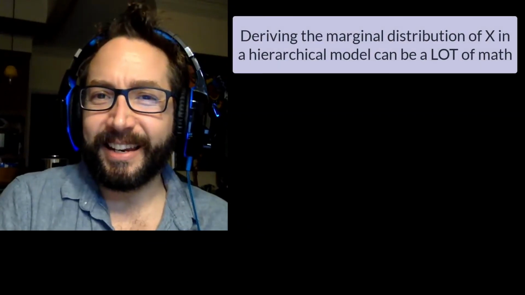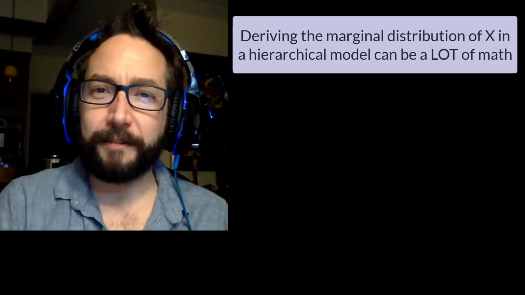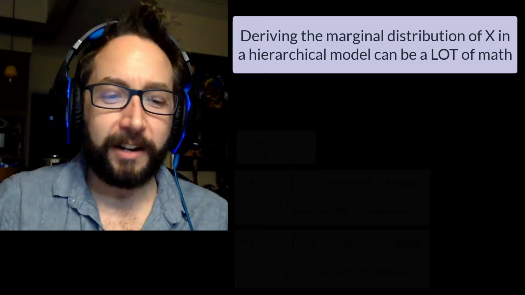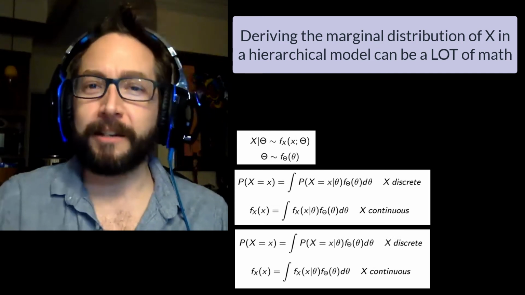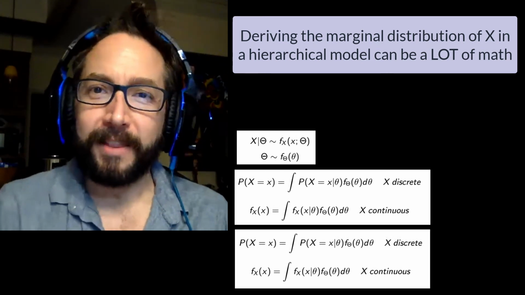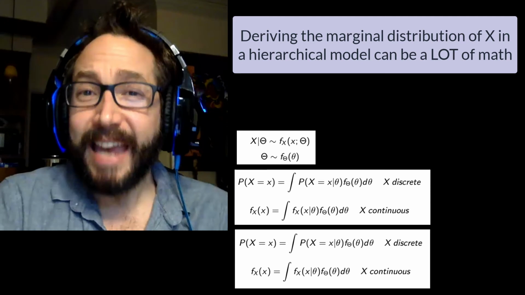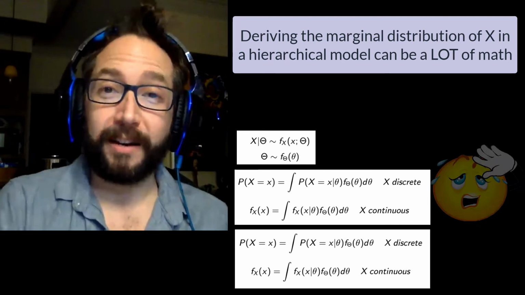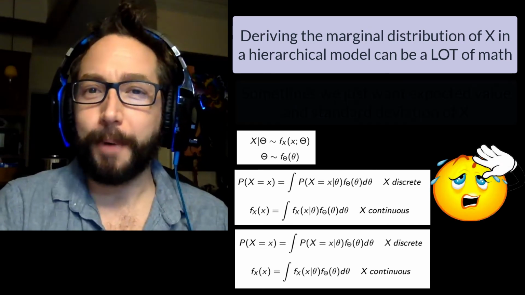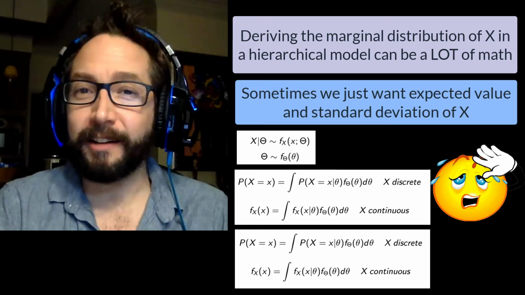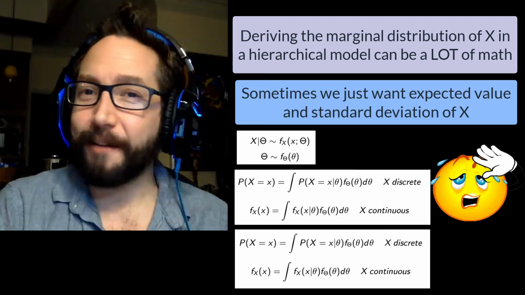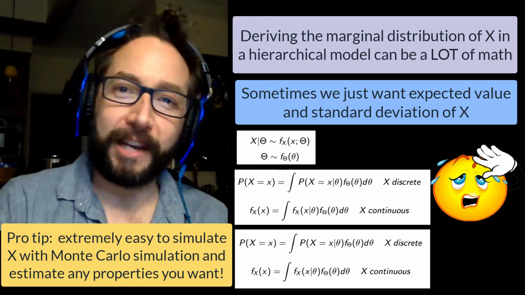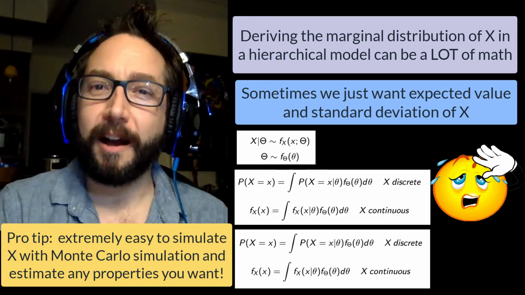As we've seen, getting the PMF or PDF of the marginal distribution of X, kind of freeing ourselves from the random nature of the parameter that the conditional distribution depends on, can be really a lot of work. And very often we don't want to know what the probability distribution is in its entirety. We just might be interested in knowing what the average value is and the standard deviation when we choose to model something in a hierarchy.